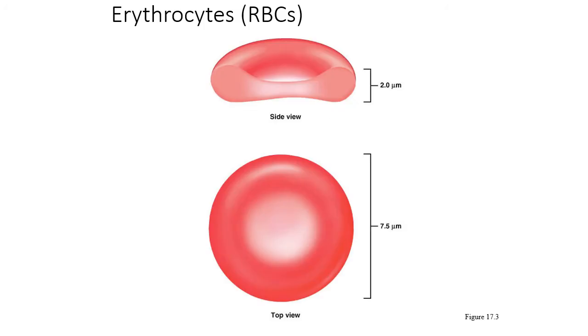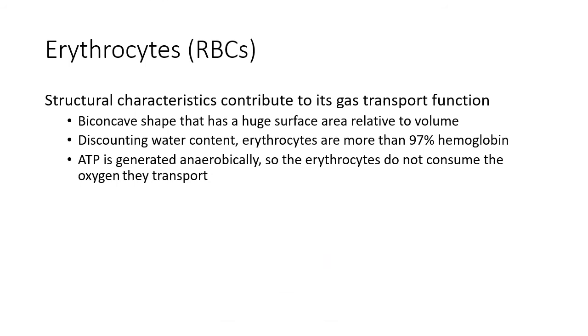So here we see that biconcave disc again, a little bit better drawing than what I just did for those cells. It also reminds me of an inner tube, whether it's for boating or sledding. You can see that indentation there where you would sit, in a sense.